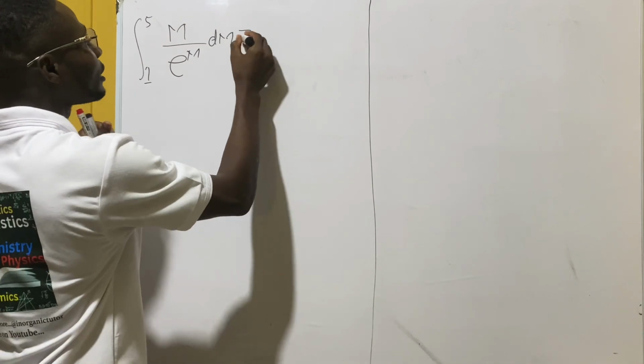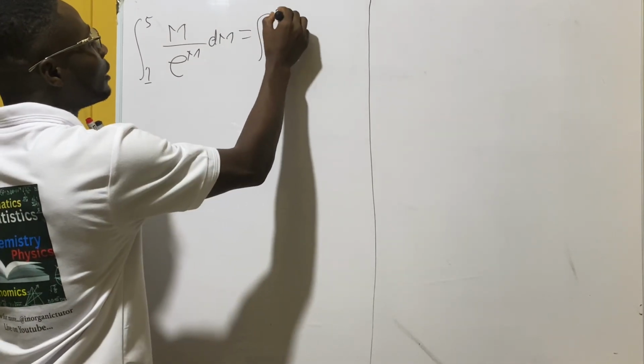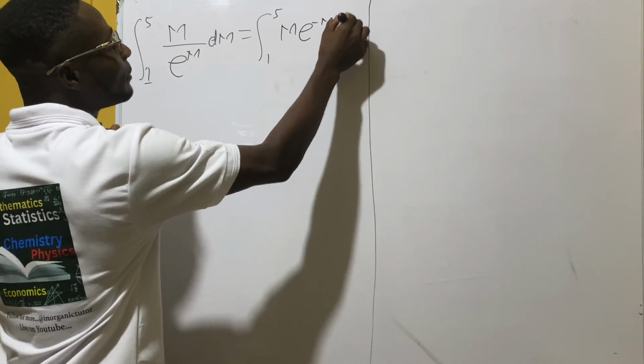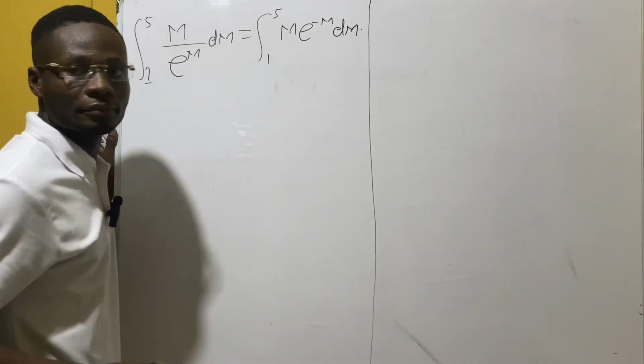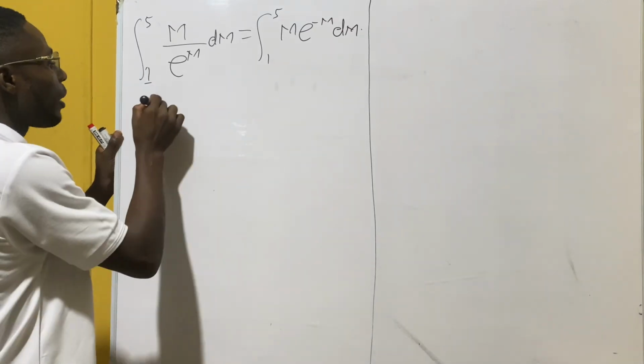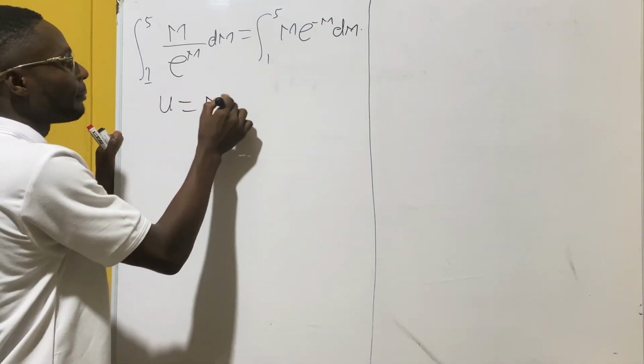So this function can be written as m e power negative m dm. Once we have this, we can say that our u should be equal to m.